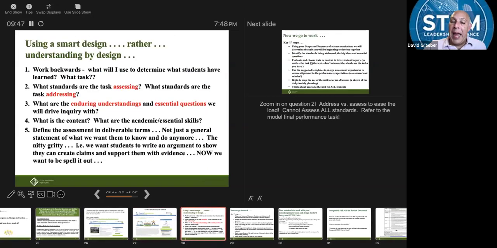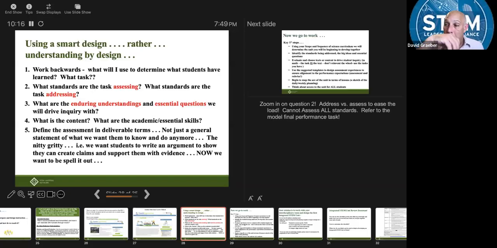We know that when we plan, we want to work backwards. What am I going to use to determine what they've learned? What are the tasks? What are the standards they're assessing? What are the enduring understandings? Where do I need to be an expert? What is the content? What are the academic essential skills? When you define the assessment, define it in deliverable terms, not just a general statement of what we want them to know and do anymore.